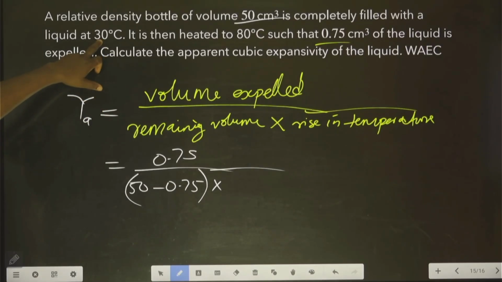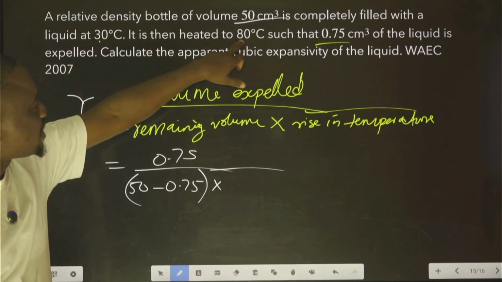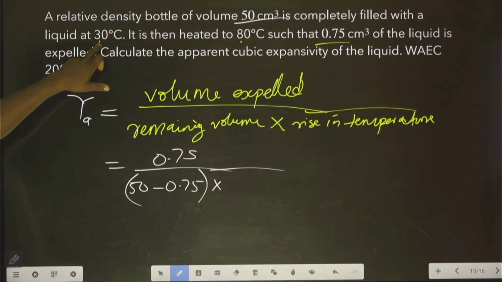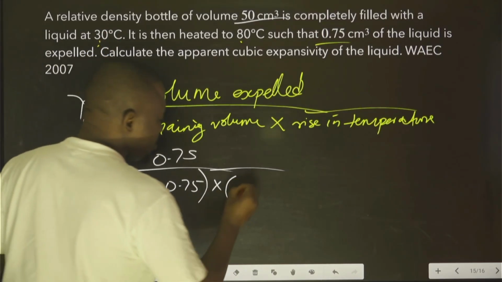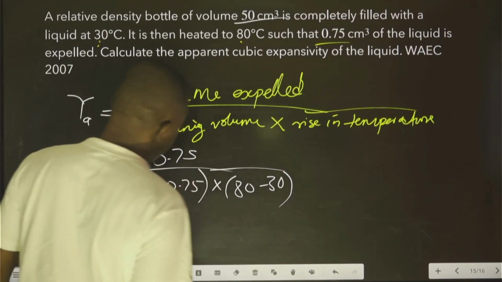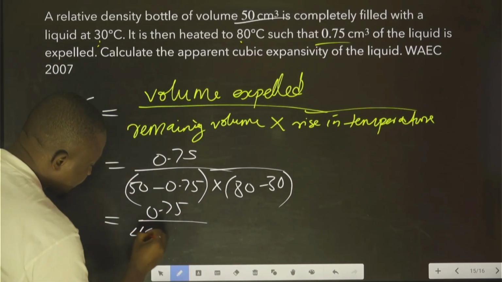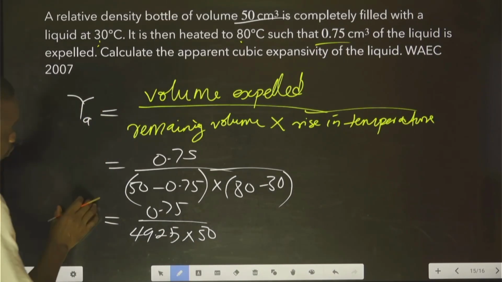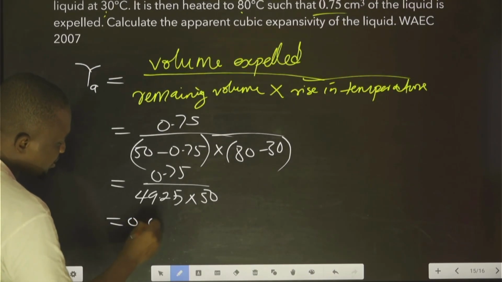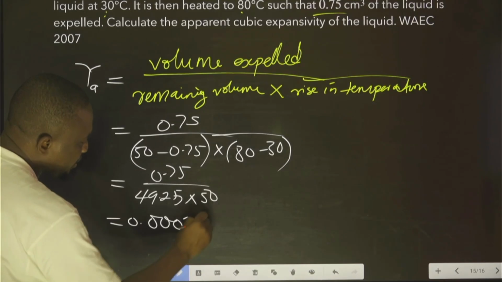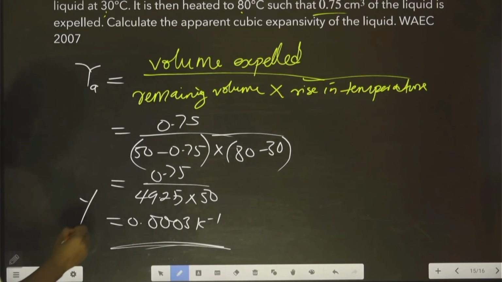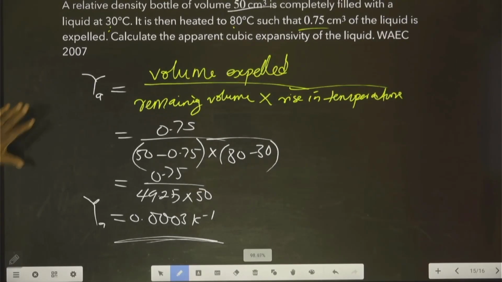We are told this was the original temperature. It was heated to this. That is 80 minus 30. You solve this now, you're going to have 0.0003. That is the apparent cubic expansivity. Okay?